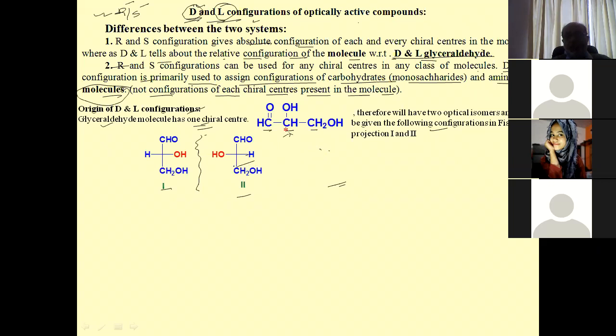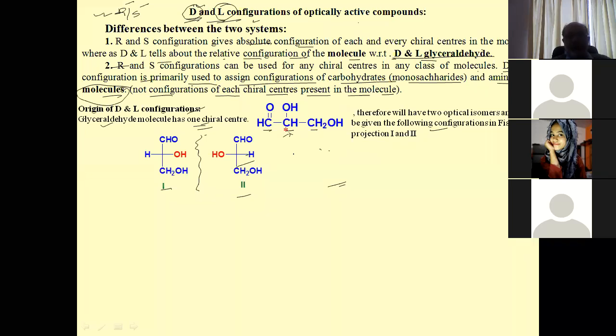No technique was available at that time. Now, how can we determine the configuration of a molecule experimentally? Configuration means arrangement of atoms.